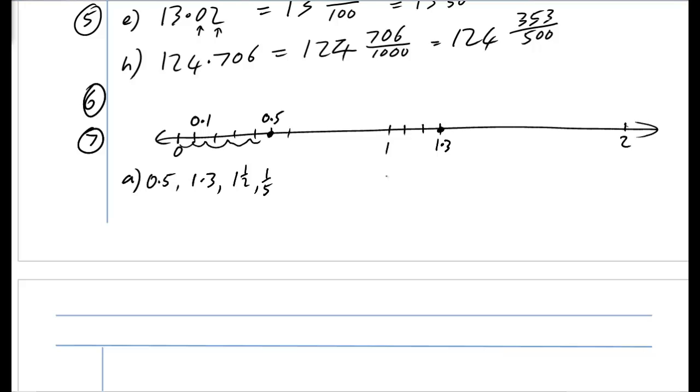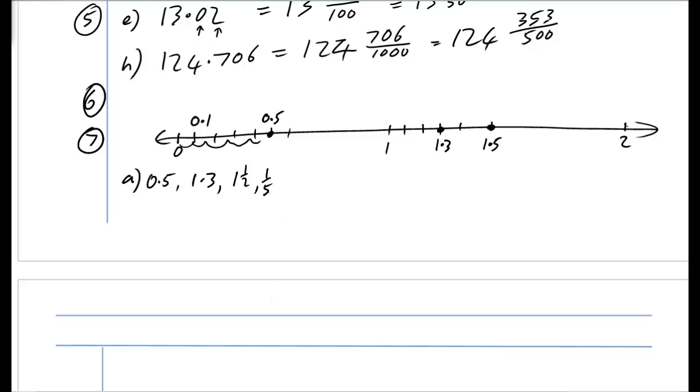Now, you actually have to sketch the number line. So you're going to have to copy the number line in your book. And 1.5 is 1.5. So you go up to 1.5 on the number line, label it 1.5, put a little dot.